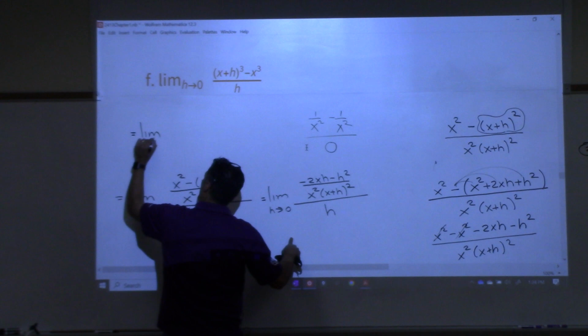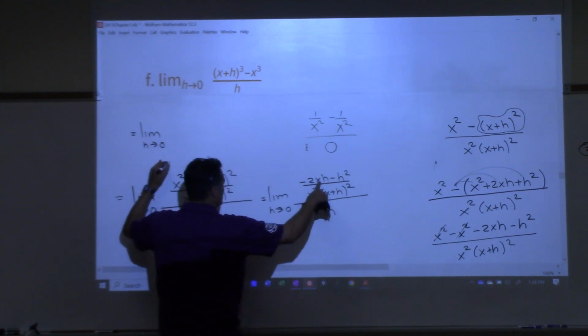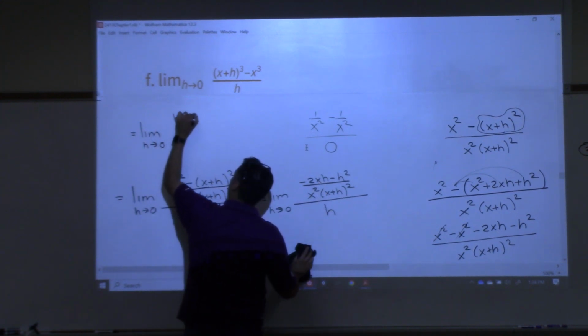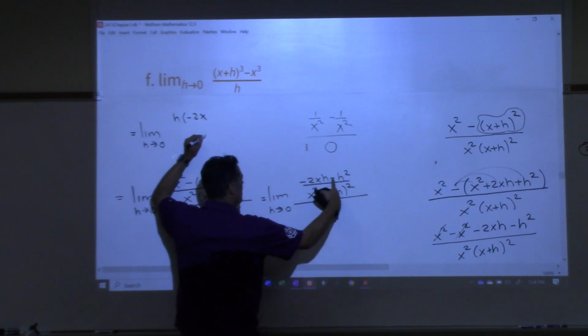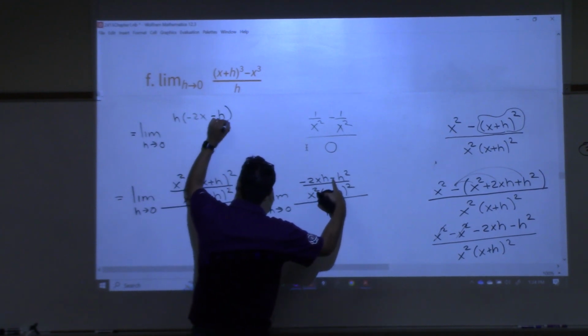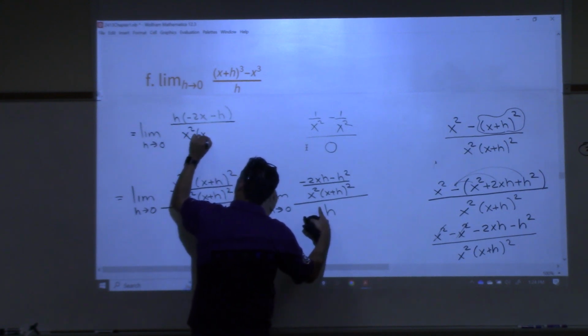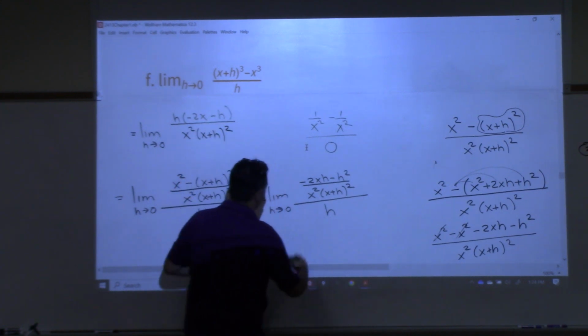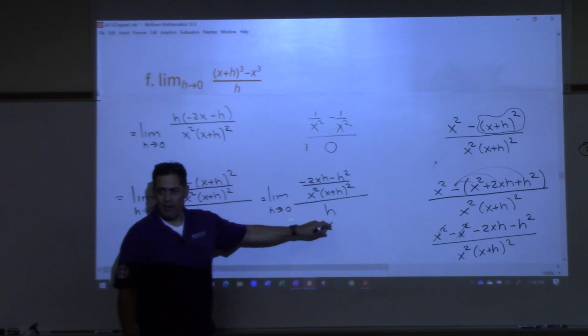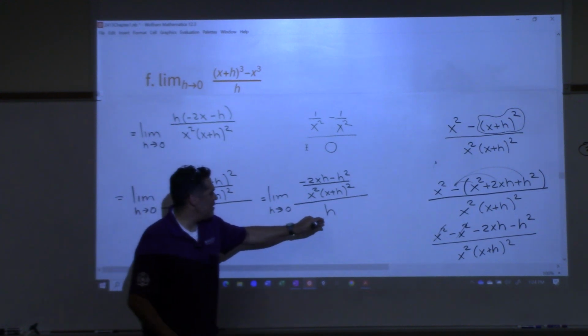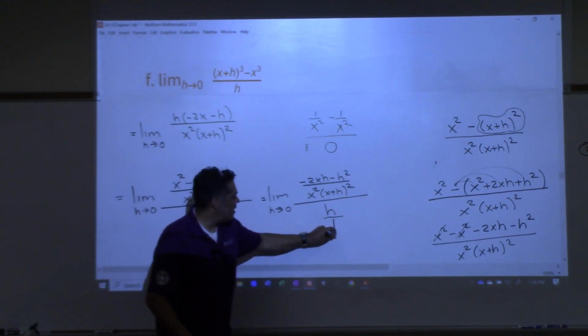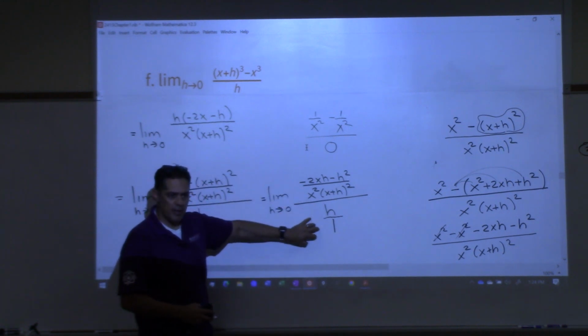Limit h goes to 0. I'm pulling an h out of the top, so h comes out. I still have negative 2x here, and then minus, I still have one factor of h there. All over the denominator, x squared times x plus h, that quantity squared. And then over h, right, over h. But I'm going to do something I did last class. Remember, that's like this. So I have a fraction over a fraction. Fraction over a fraction, right?